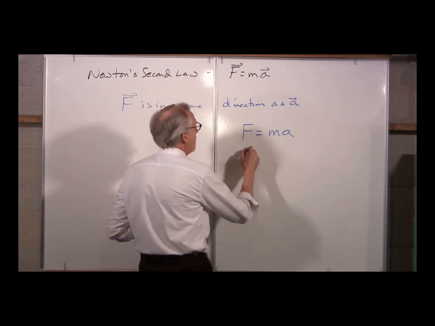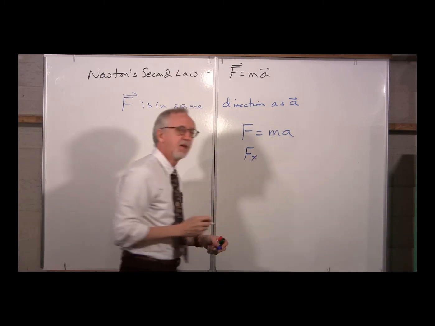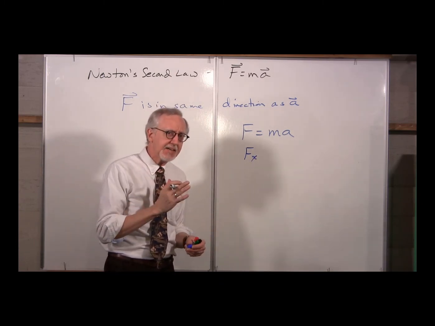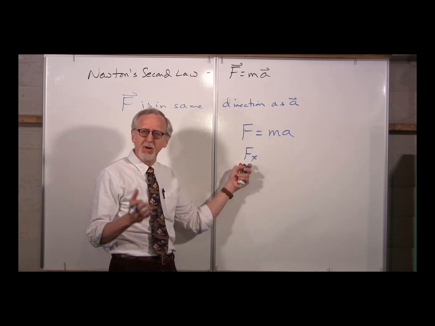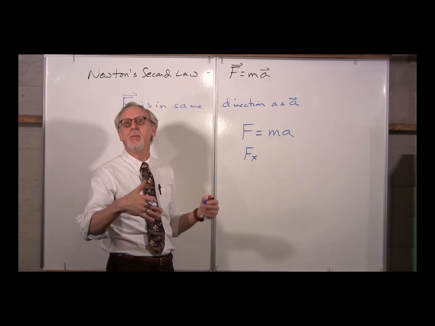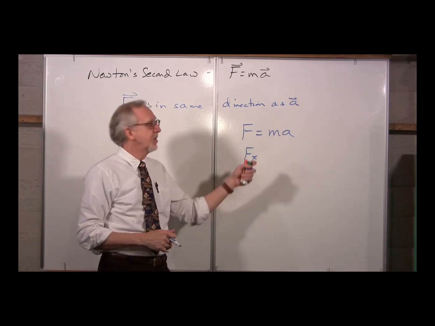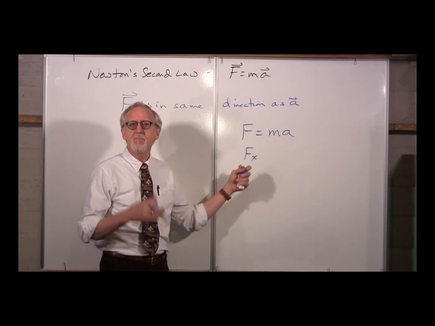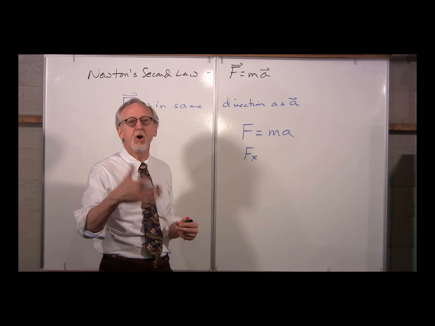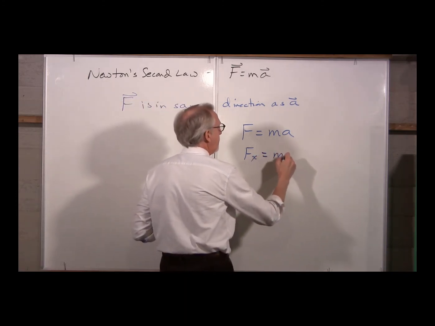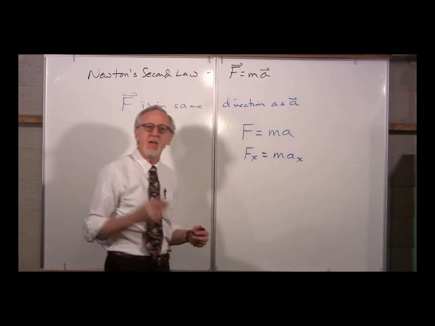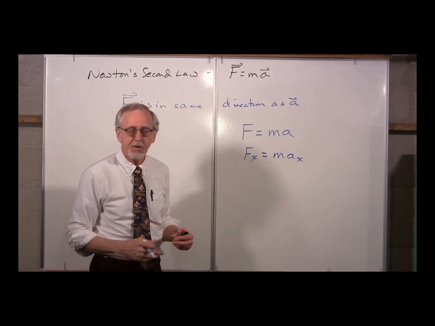So we can say that F sub x, what is that? That's the x component of the net force. And what is the x component of a sum of vectors? It's the sum of the x components. So, to find the x component of the net force, add up all the x components of all of the individual forces that are acting on something, and that must equal m a_x, m times the x component of the acceleration.